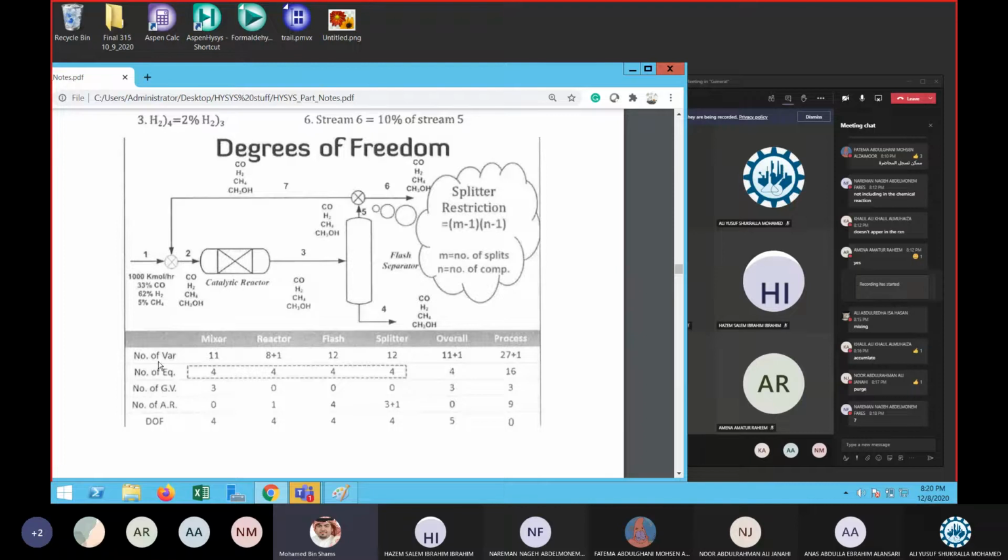Now we can see here we have 3 given variables, assuming that I don't have the basis, or you can think about 2 of these as well as the basis.